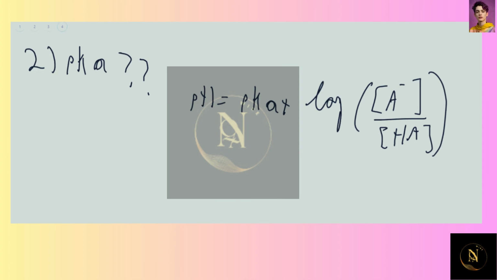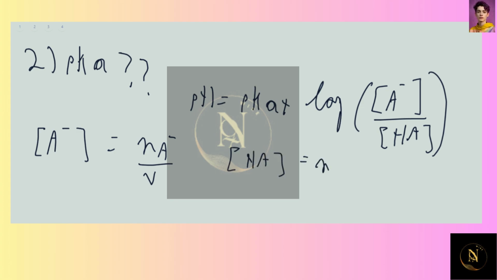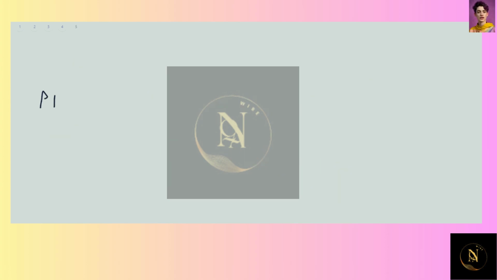Now, you also know that the concentration of, let's say, A minus is equal to n A minus over the volume. Same thing for HA, number of moles over volume. Again, you can simplify those since you're dividing them, which means that in that case, pH equals pKa plus the logarithm of the number of moles of your weak base over the number of moles of your weak acid.